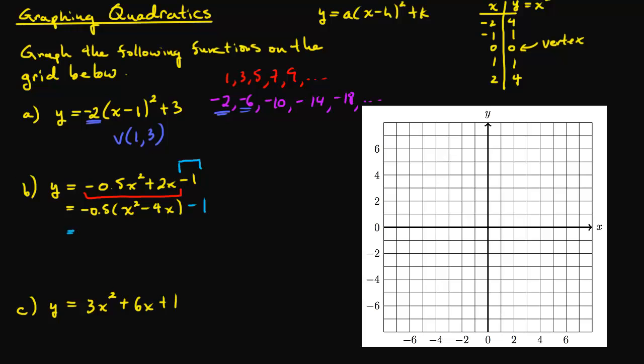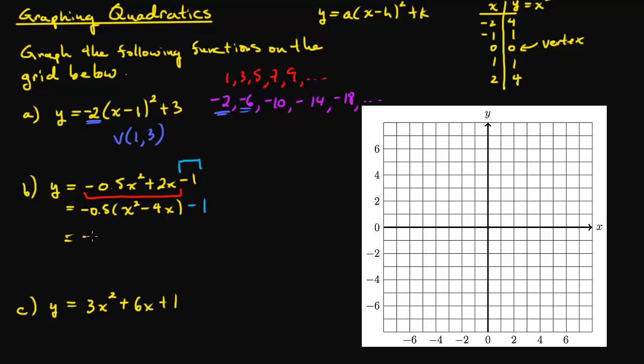Next, we'll take half of the coefficient on the linear term, which is negative 4. We're going to take half of that, square it, and then add it and subtract it.